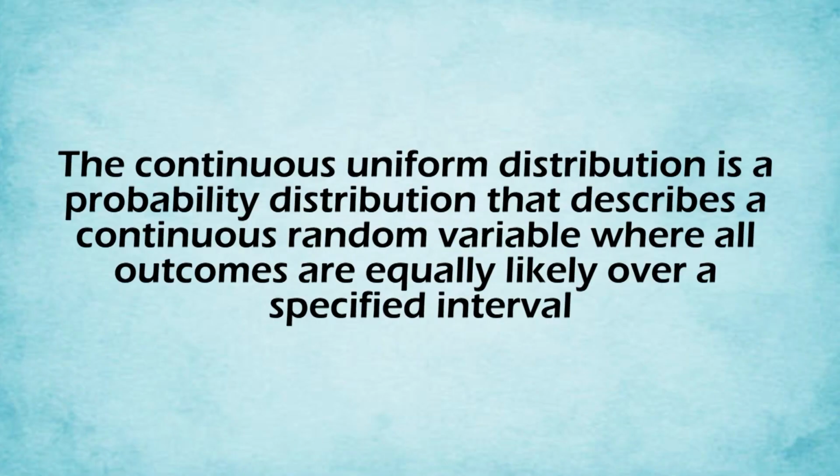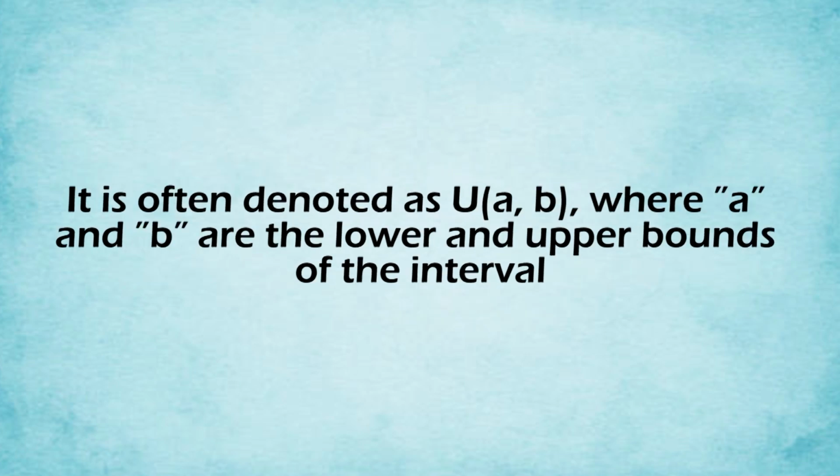Introduction. The continuous uniform distribution is a probability distribution that describes a continuous random variable where all outcomes are equally likely over a specified interval. It is often denoted as U(a, b), where a and b are the lower and upper bounds of the interval.